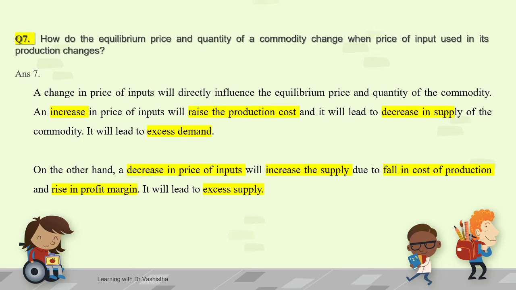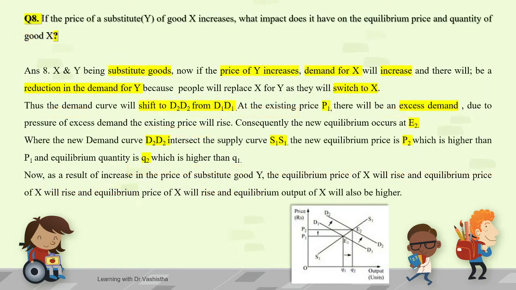Whereas when there is a decrease in the price of inputs, that will lead to an increase in supply, because the cost of production has gone down and there is a rise in profit margin. Then the supply will go up, and it might lead to a situation of excess supply, where the supply goes above the demand. So this is what happens and how it affects.